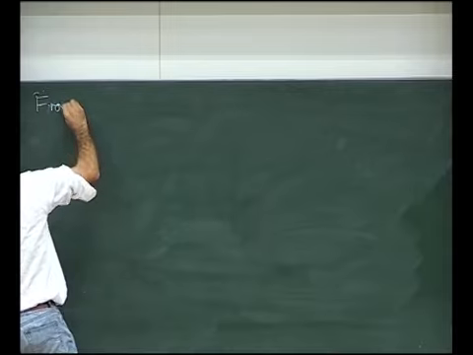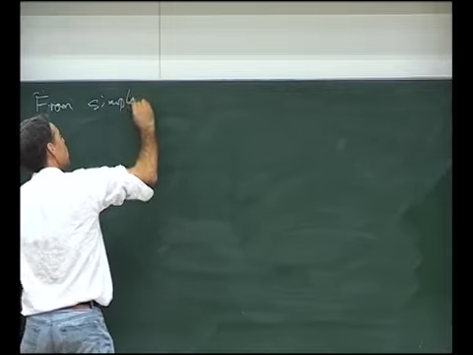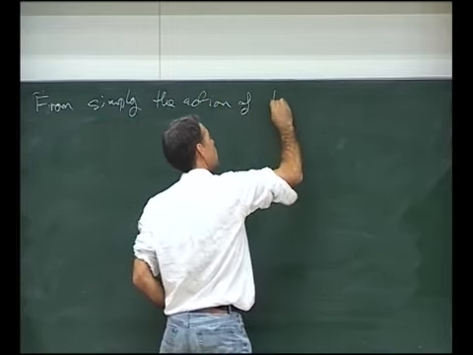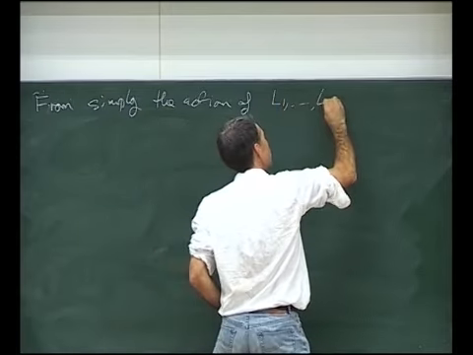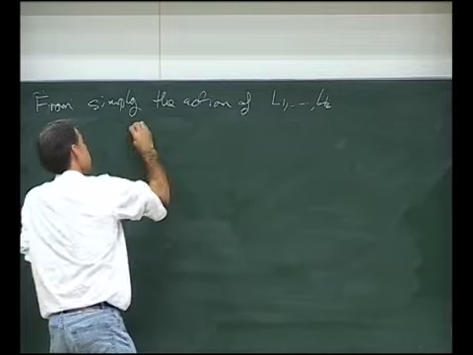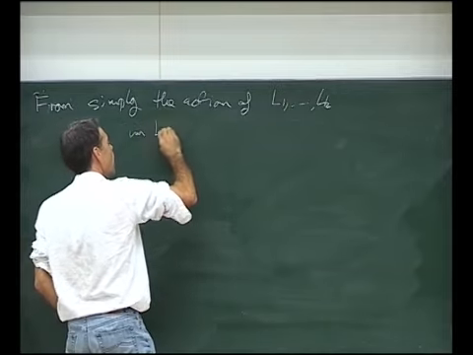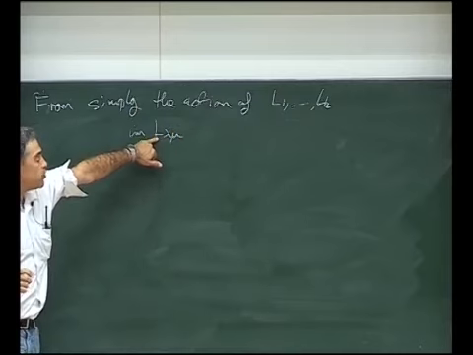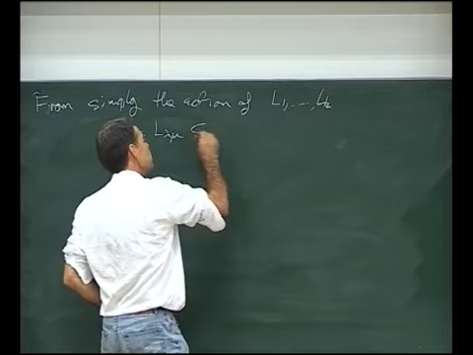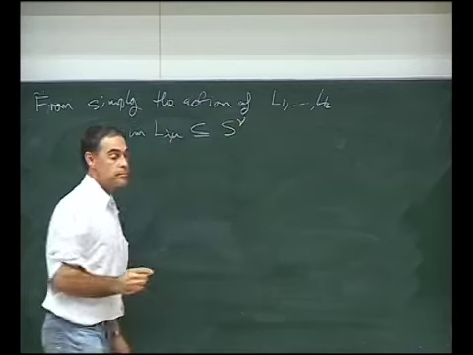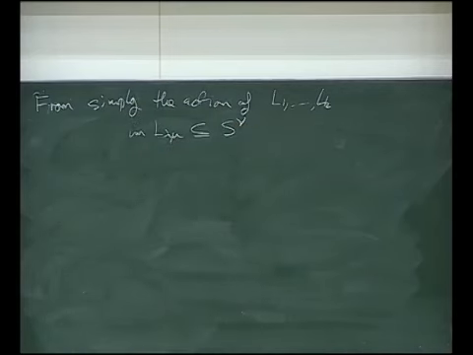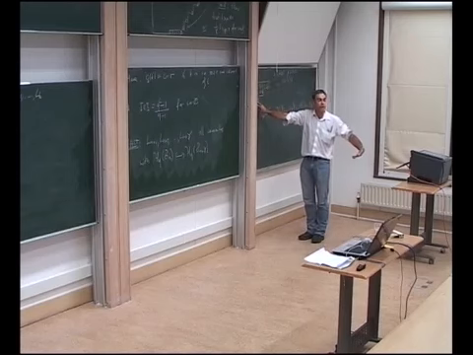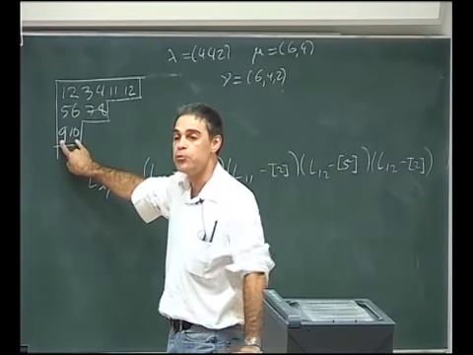So from what I've said so far, from simply the action of the L1 to Lk, you can see that the image of, let me just abuse notation somewhat and write L lambda mu for both the map and this element, is going to be contained inside the Specht module.